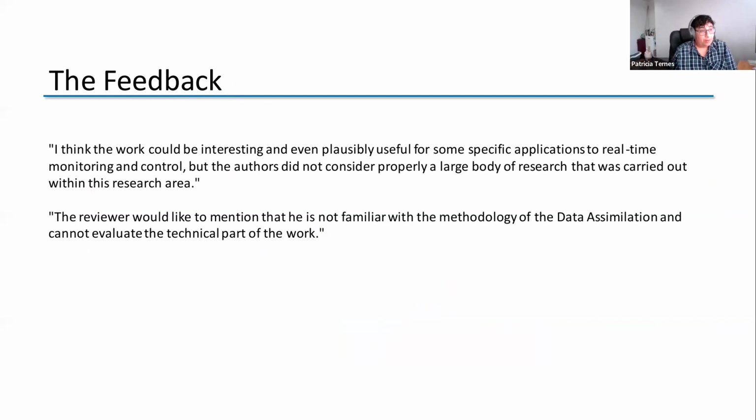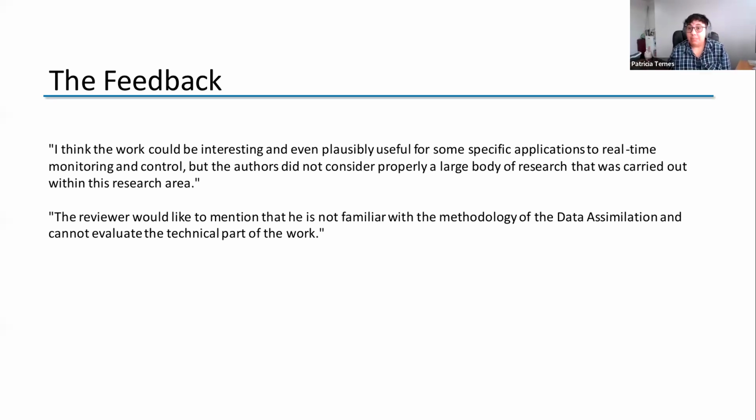I got feedback that was harsh. At the same time, it was empty, because they said this is bullshit and didn't say what exactly is wrong and how I can fix it. One feedback said the idea is nice, but the authors are not considering the body of research, and it doesn't say what research area.